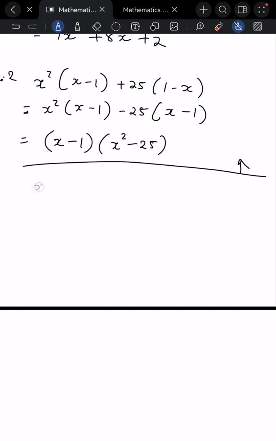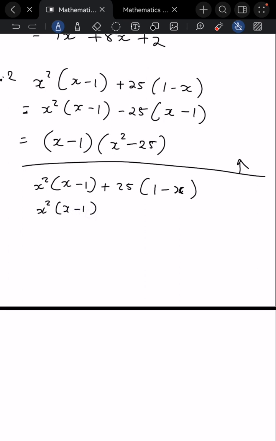What we have is x squared(x minus 1) plus 25(1 minus x). Right, okay, cool. We have x squared(x minus 1), and then you say plus 25. If you want to rearrange this thing here to look like that thing here, you're going to have to multiply it by negative 1.